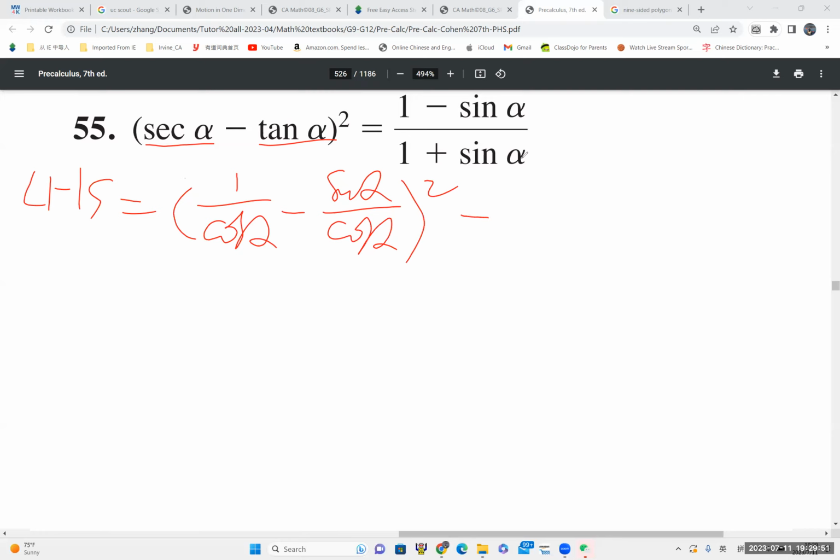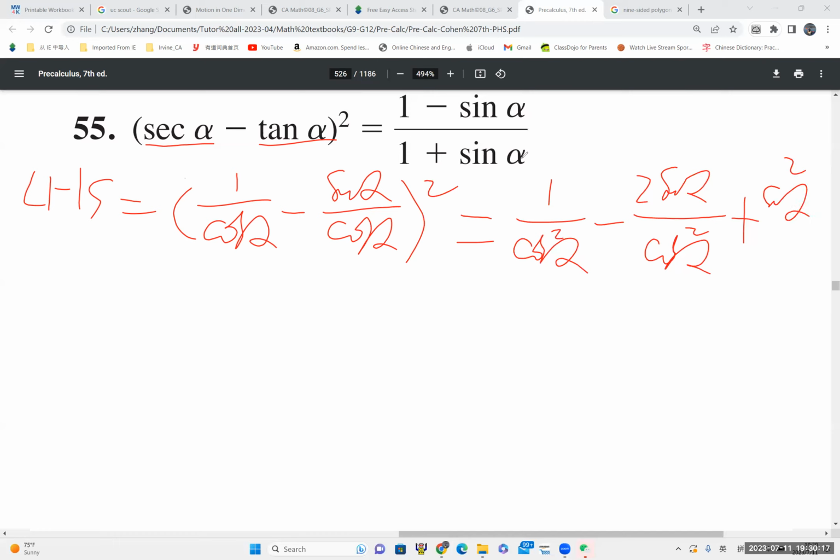Then per the algebraic formula, we get cosine square over 1 minus 2 sine alpha cosine alpha square plus sine alpha square cosine alpha square, right?